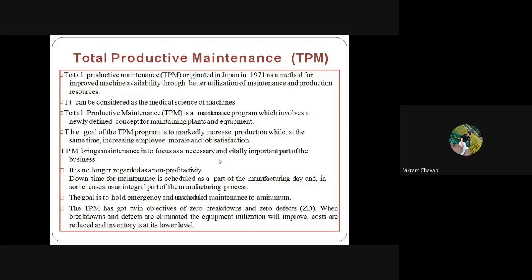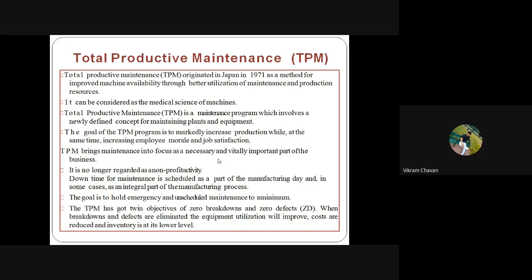This production maintenance activity is not only for the maintenance department. It is applicable from the top management to the lower level of a worker. So TPM is carried out on equipment on a company-wide basis through small group activities. These TPM activities are divided into small groups, and these maintenance activities are carried out by these particular groups.